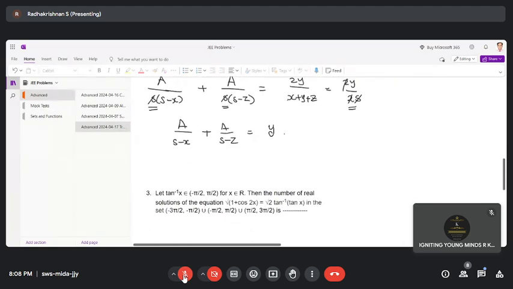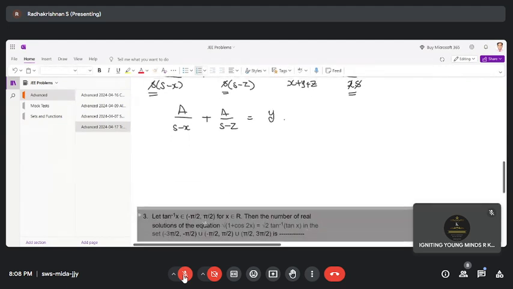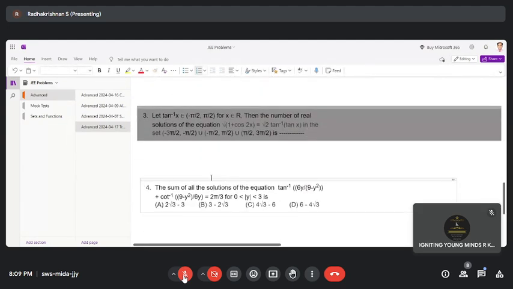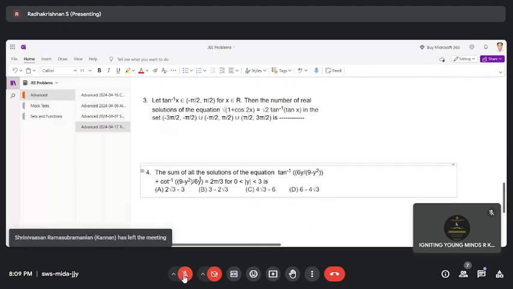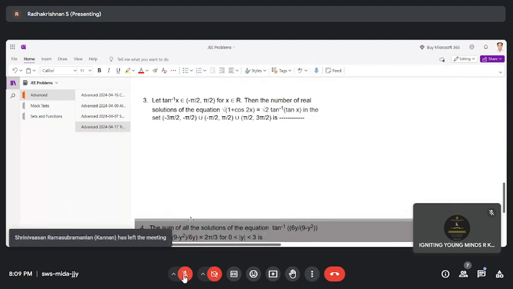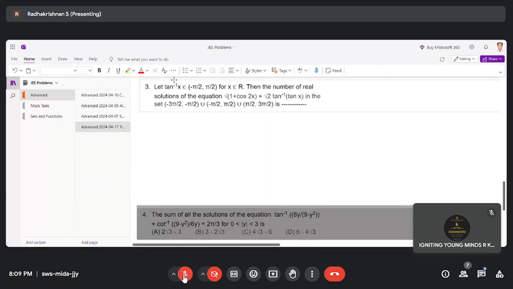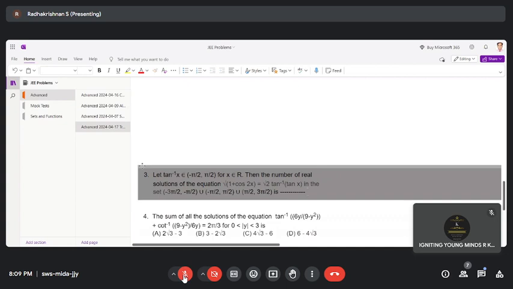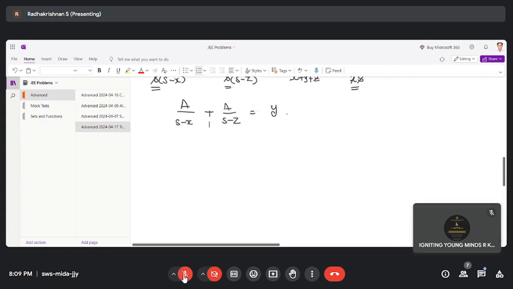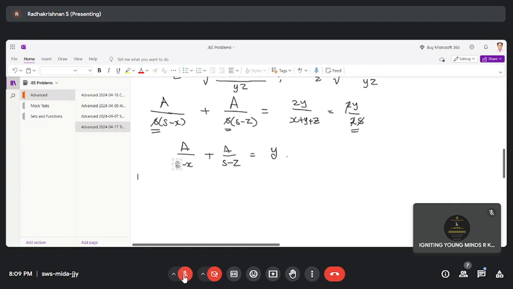Let me create some space. Okay, so let's keep simplifying this further.